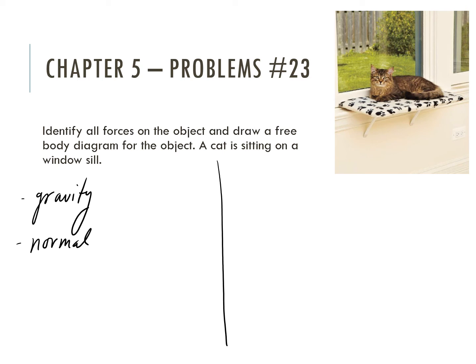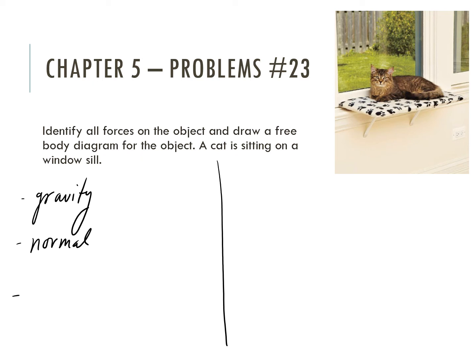It's not falling downwards, or sorry, we have gravity. We don't have motion associated with it, so we don't have drag. Again, we can ignore the electric and magnetic forces. Our cat is sitting, so we can ignore the kinetic friction. And with static friction, we don't know enough information.